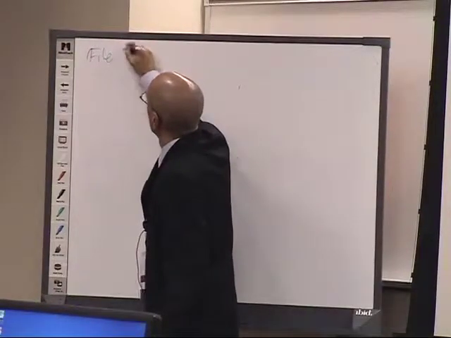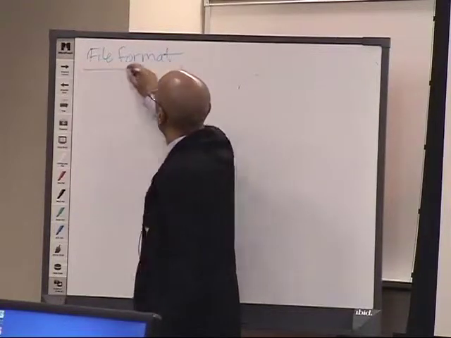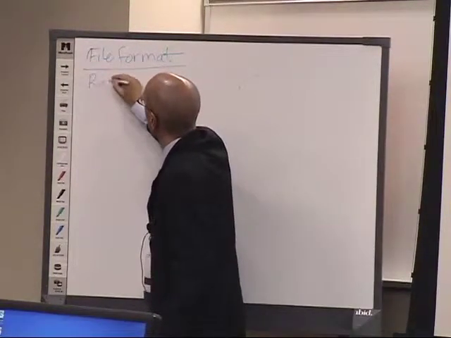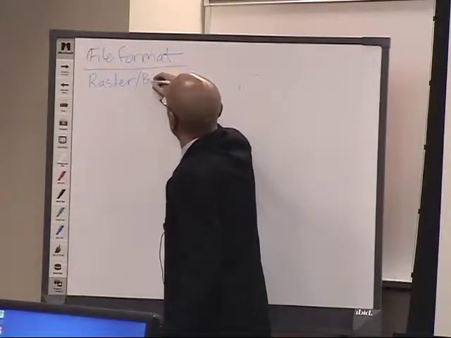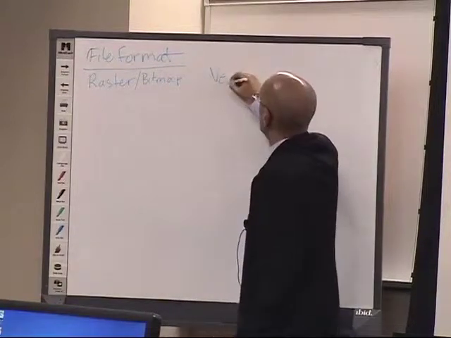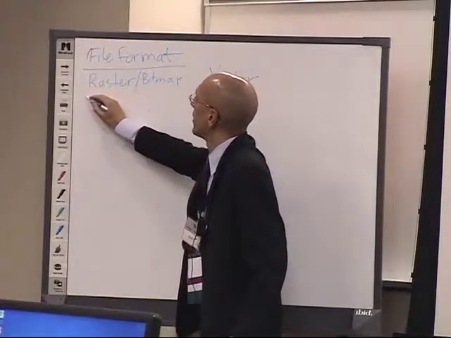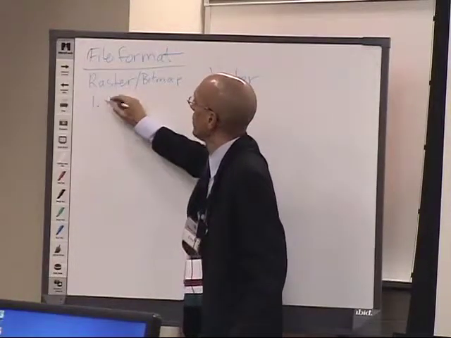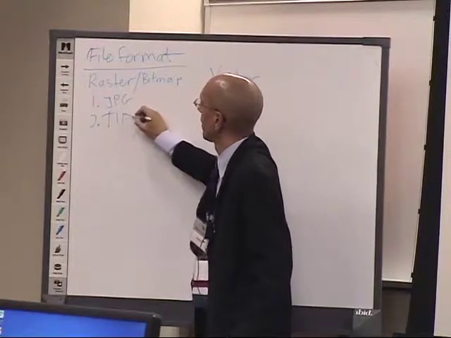File format. We have raster/bitmap. And we have vector, which I just finished talking about. Now, from here, we have JPEG. We also have TIFF.